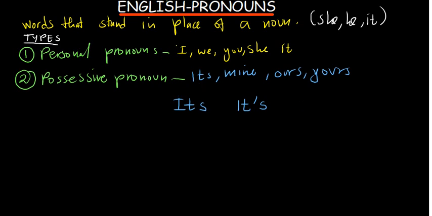For example, you are going to say, don't play with that book. It's for Mwansa. Which one are you going to use? You are going to use this one because you mean that that thing belongs to me. But this one is just a short form of writing it is. So they are different here. Its means possession, it belongs to someone, but it's, for example, it is yours. So this one is another thing. This is something that you also need to understand.